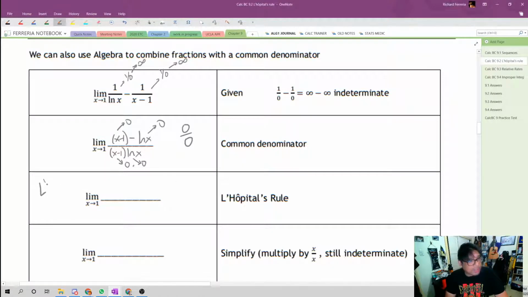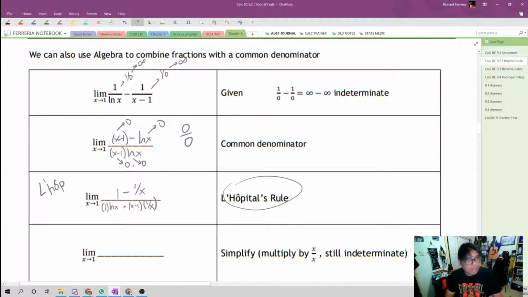Over here, I always like to write L'Hopital, just so that I know what's going on. I know it's written over here, but as you do your work, just write L'Hopital over here, so that we know what happens. The derivative of x minus 1 is 1, minus the derivative of natural log of x, which is 1 over x. And then this is going to be a product rule here.